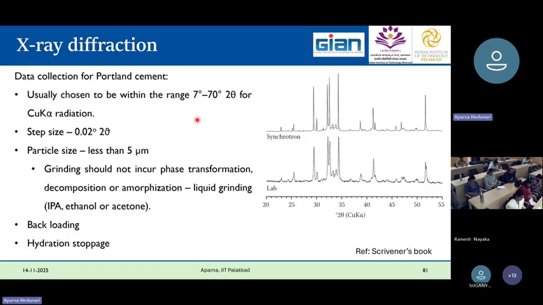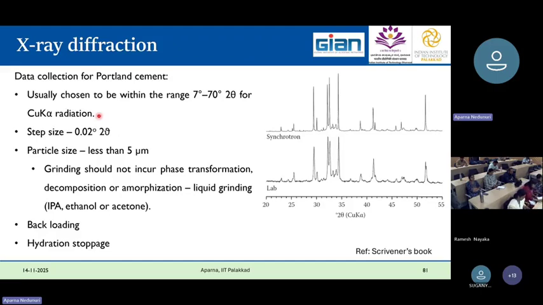So for the entire data collection, if you would like to have an XRD analysis on your sample, it is preferred to have the 2 theta range between 7 and 70 degrees 2 theta for cementitious systems. Most diffractograms use CuK alpha radiation.